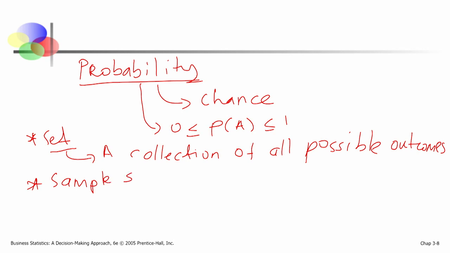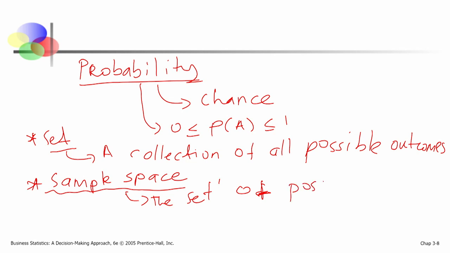A sample space is the set of all possible outcomes.